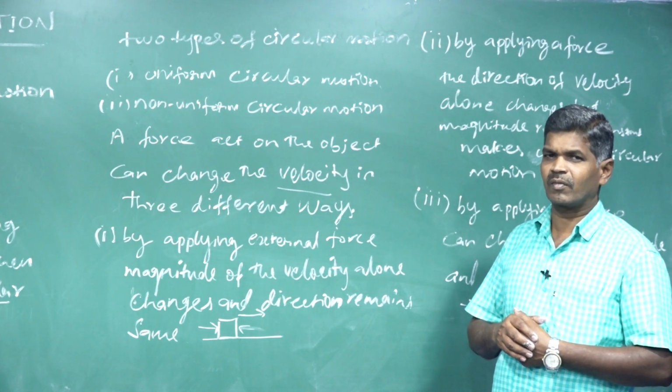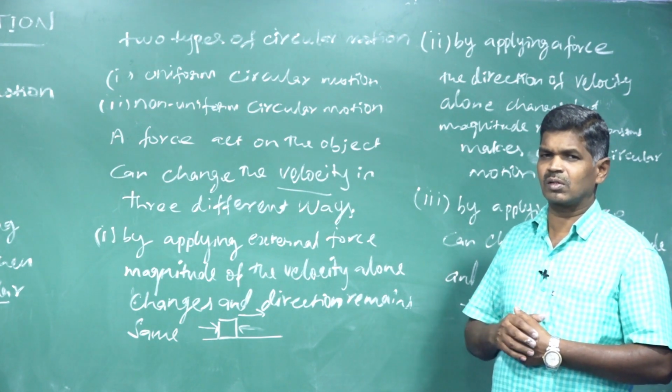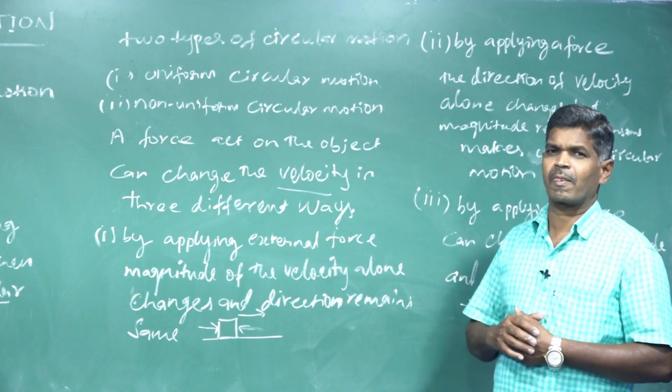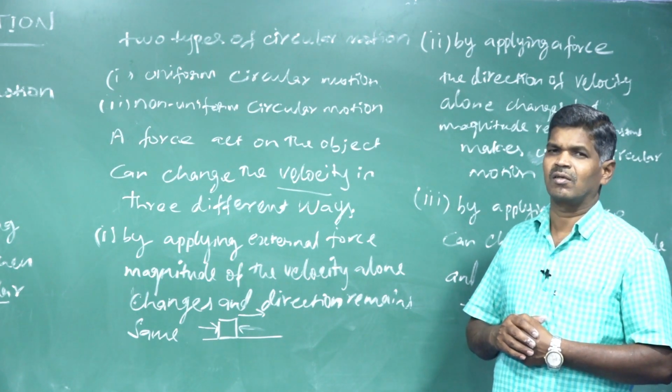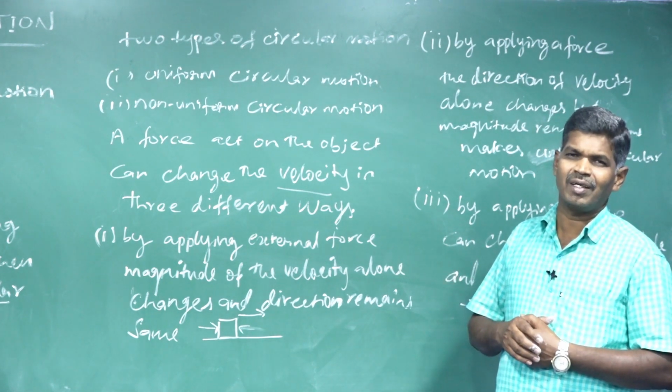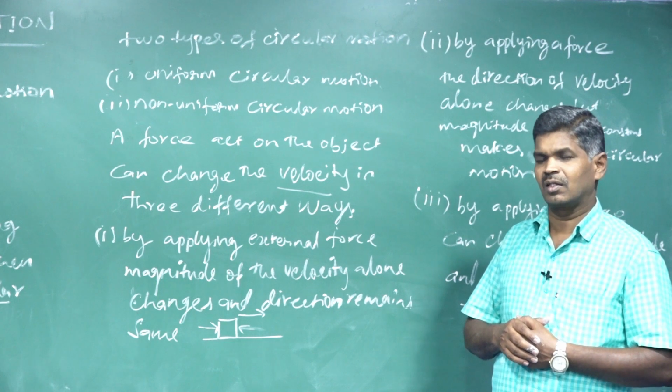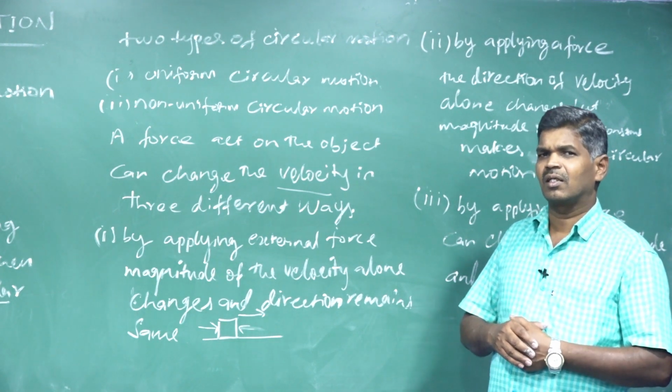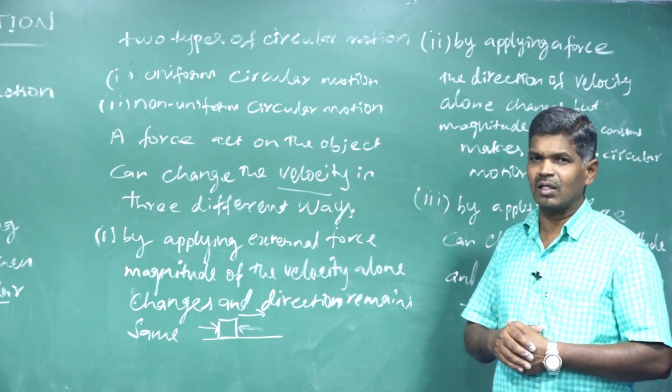First point: by applying a force, if the velocity's magnitude alone changes without changing the direction, the particle undergoes linear motion with acceleration. The acceleration may be either positive or negative.